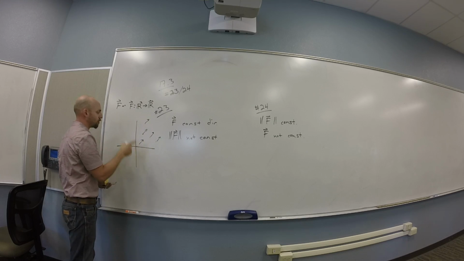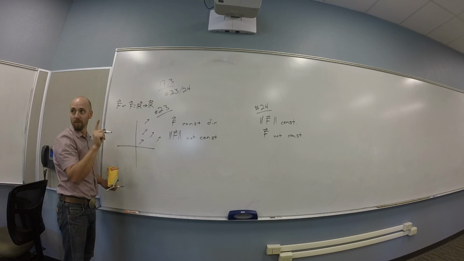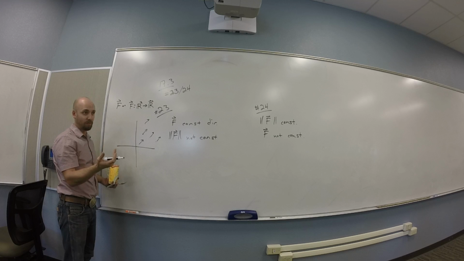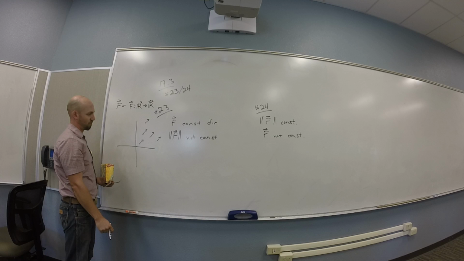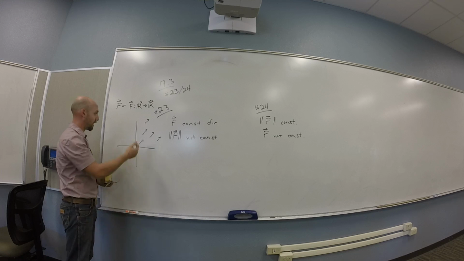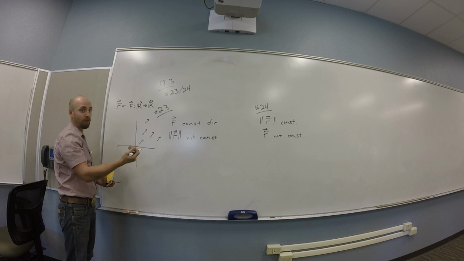Now, the picture that I'm drawing here is not what they asked for, because the magnitudes are different, right? You see that? So some lines will be longer than others. Yeah, so to get what they asked for, I need to make some of the lines longer than others.